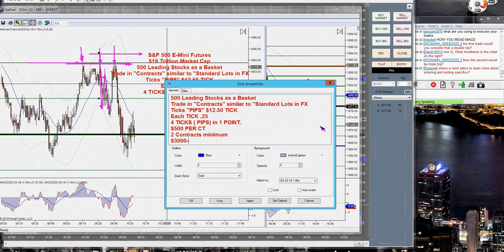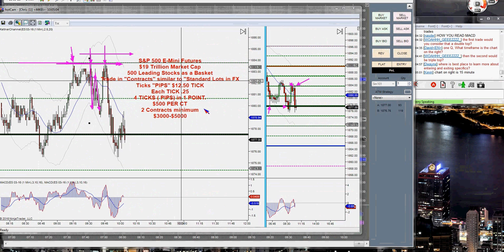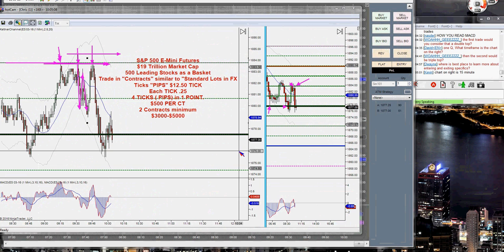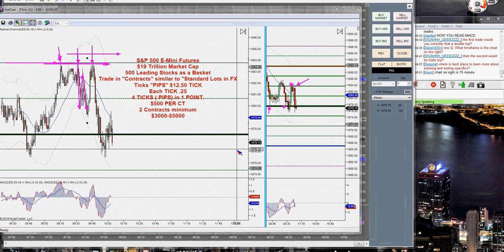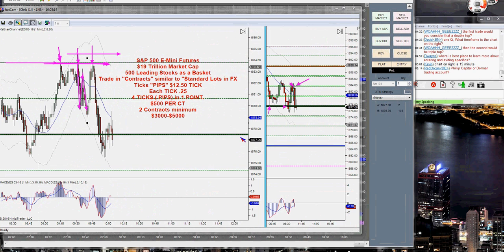And you want an account of $3,000 to $5,000. It doesn't matter, anywhere in there. And that's about it, guys. That's kind of what the recipe is in here. So every time it goes from 76 to 77, that's 1 point. So if you have 2 positions on, that's $100. It's $50 per contract.